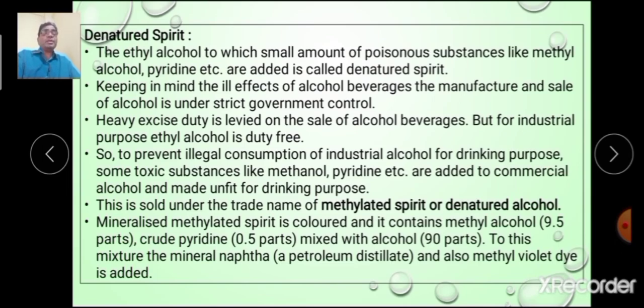Therefore, to prevent the illegal consumption of industrial alcohol for drinking purpose, the rectifier spirit is not supplied to the industry. Denatured spirit, that is made poisonous, after that it is supplied to the industry for their use.